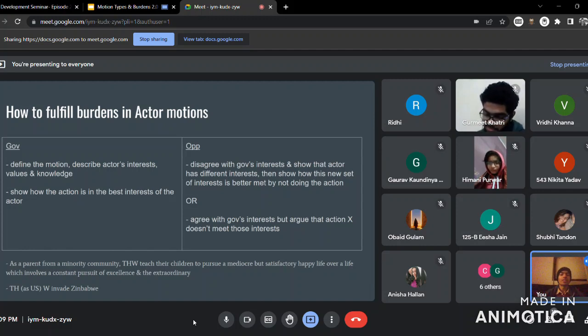So depending on the actor, the amount of fiat that you have also differs in actor motions. If it's an individual, you need to realize that an individual has a very minute amount of power. Now this can depend. If it's a business person, more power. If it's an underprivileged individual, less power. That's up to debate. But definitely as compared to policy motions, the fiat is not equal. The fiat is definitely less here.